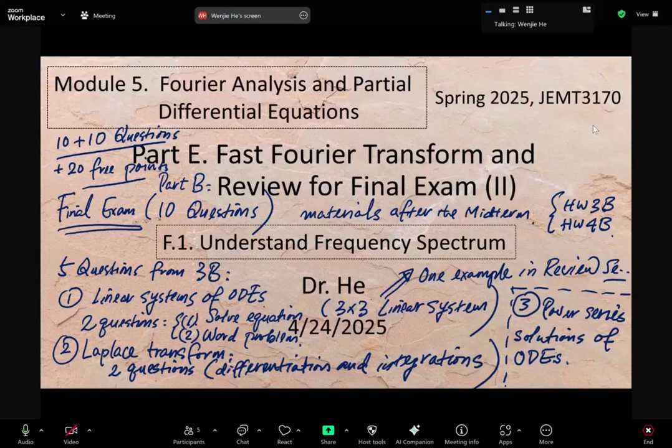In homework 3B, we have one question where we applied the Frobenius method. There are cases 1, 2, 3, and that one we did case 1. So I want to choose one question from case 2 or case 3.